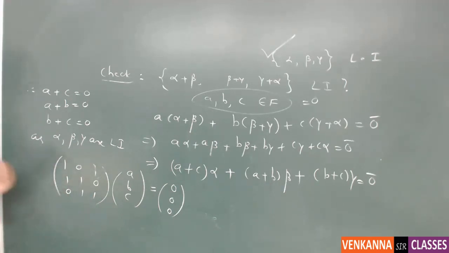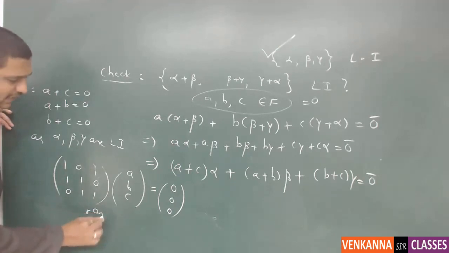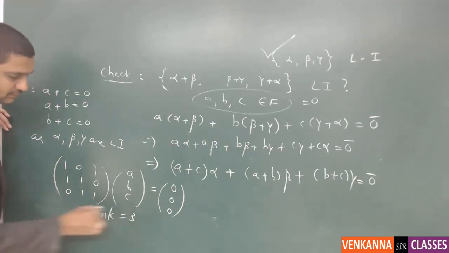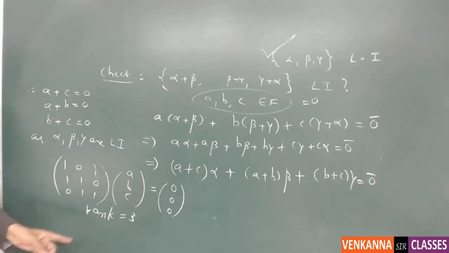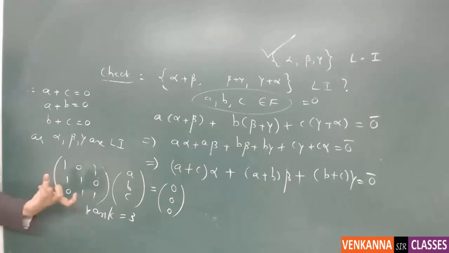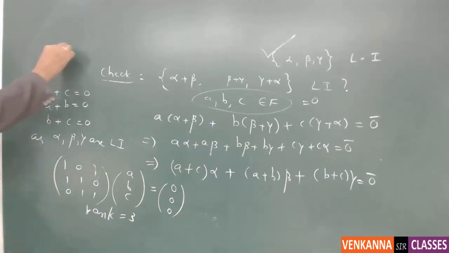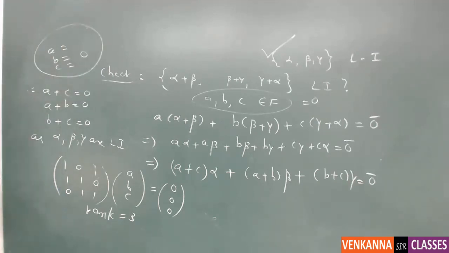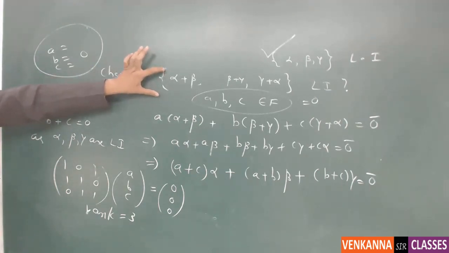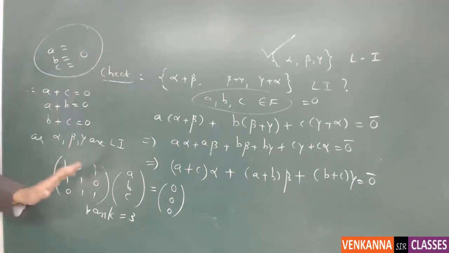So here the rank of the matrix is 3, which is equal to the number of variables. So the given system has only the trivial solution. So you can say only A, B, C values are 0. Then only the system will get satisfied. Therefore, this set is linearly independent. That is the conclusion.